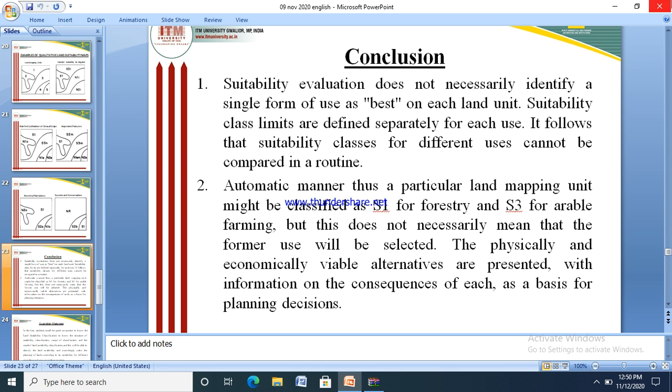A particular land mapping unit might be classified as S1 for forestry and S3 for arable farming, but this does not necessarily mean that forestry will be selected. The physically and economically viable alternatives are presented with information on the consequences of each, as a basis for planning.